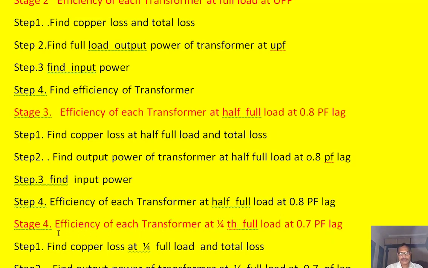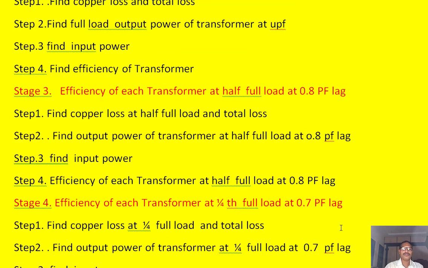Next, stage 4, that is the efficiency of each transformer at 1/4 full load at 0.7 power factor lagging. Here also, first of all we have to calculate the copper loss at 1/4 full load, and then find the total loss.